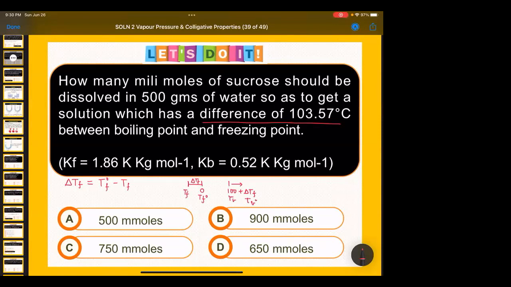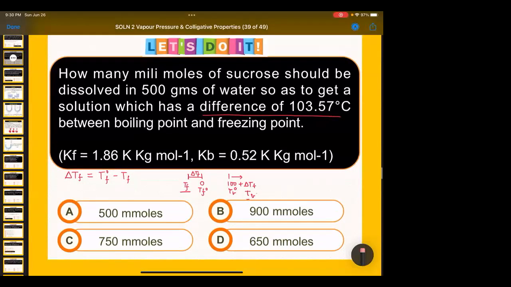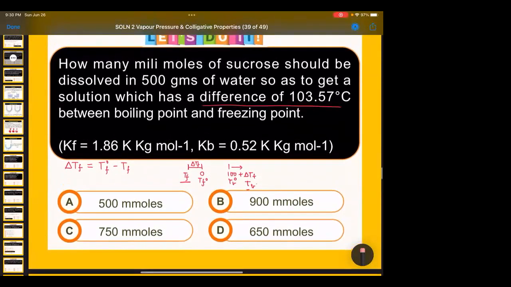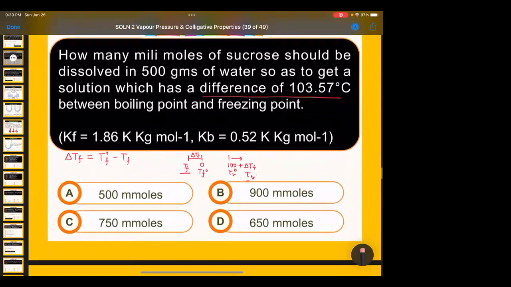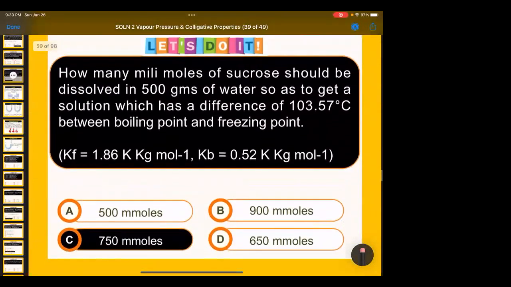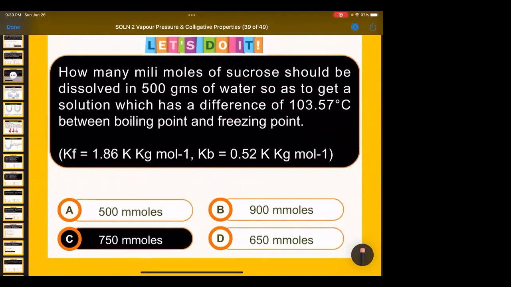Sorry, I wrote it in the opposite manner. You can take the difference between Tb and Tf. So let's check the answer quickly. Yes, it is 750 millimoles.